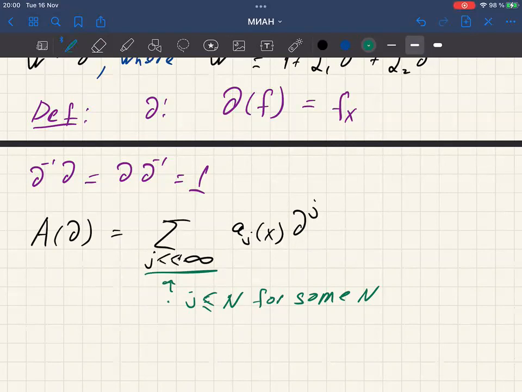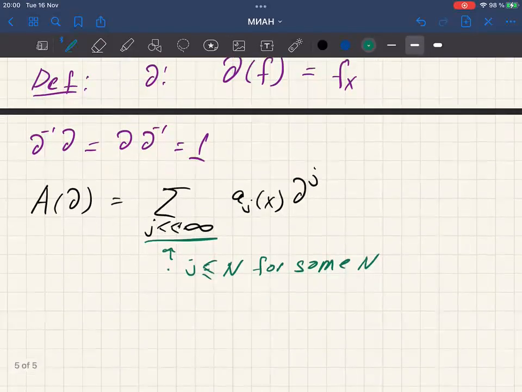This is a series, like we could call it a pseudodifferential operator. The positive part could be called a differential operator, and we have operations. Okay, for example, we could multiply them.